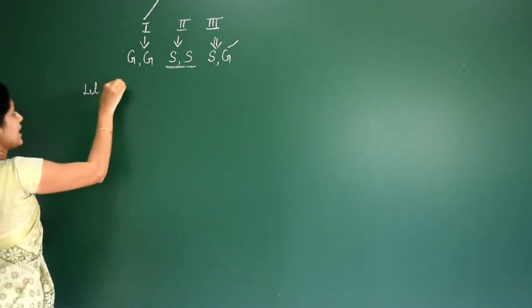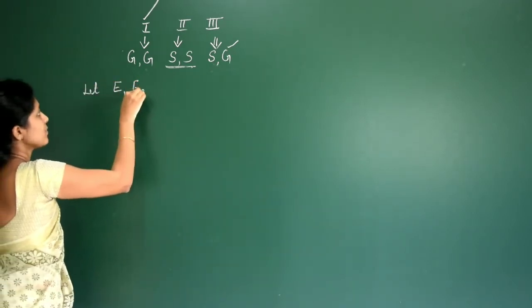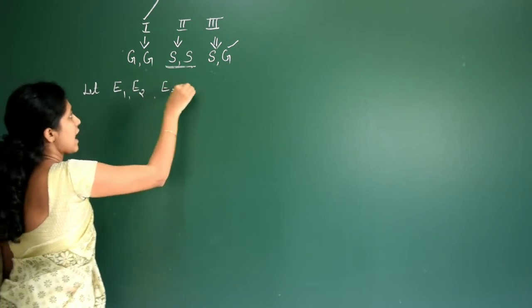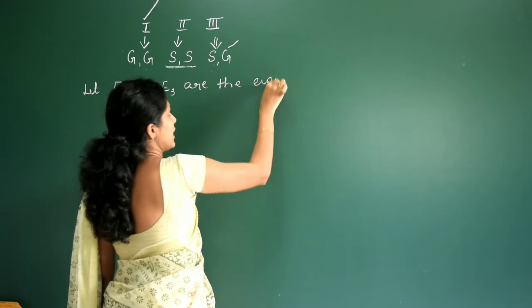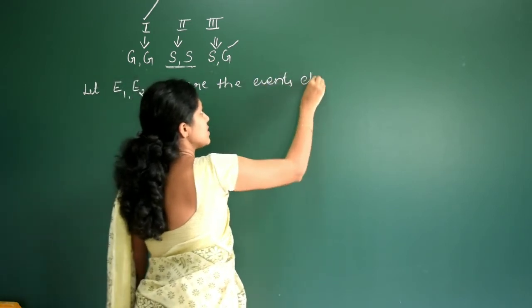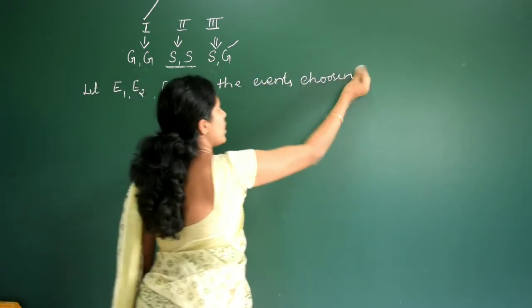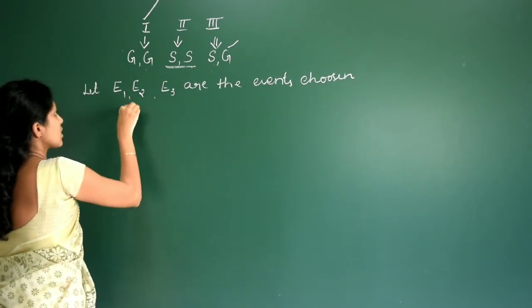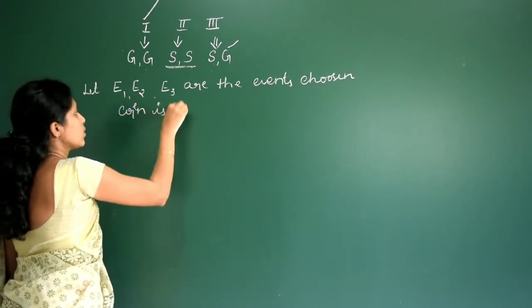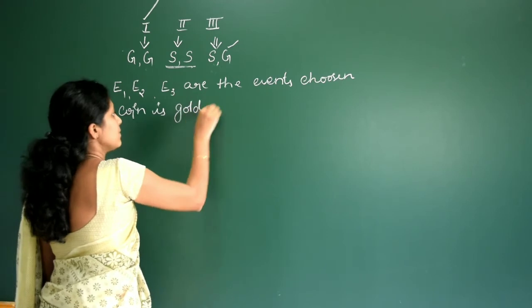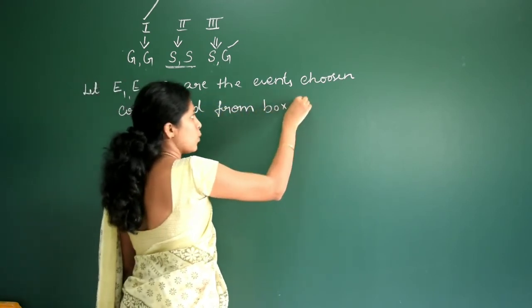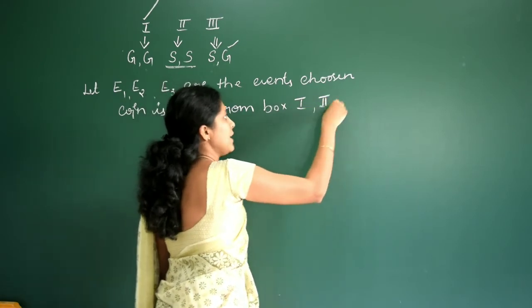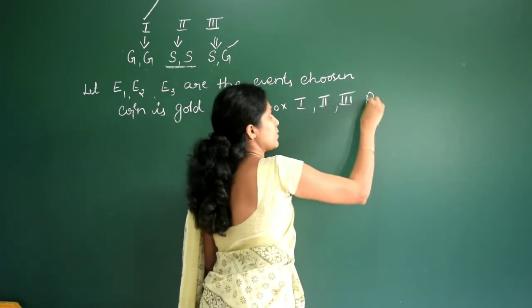Let E1, E2, E3 be the events chosen. The coin is gold from box 1, 2 and 3 respectively.